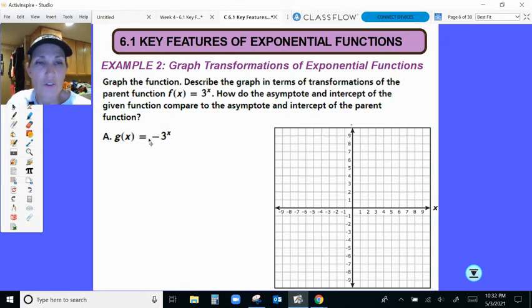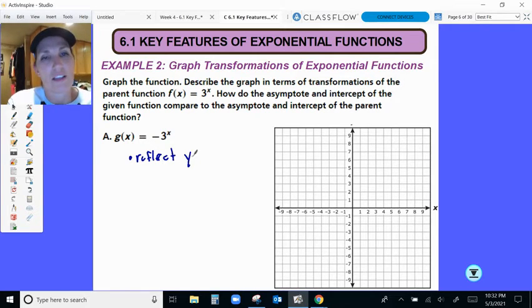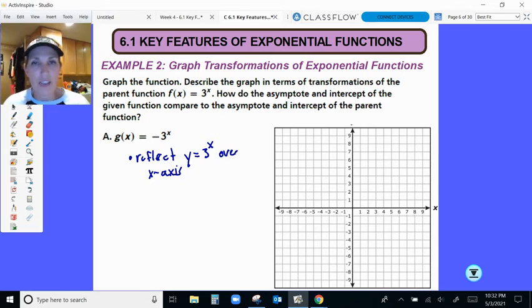So in this case right here, it would reflect my graph in the x-axis, right? Reflect y equals 3 to the x over the x-axis. In terms of my y-intercept, that's going to stay the same.